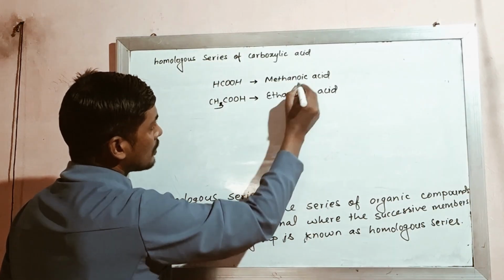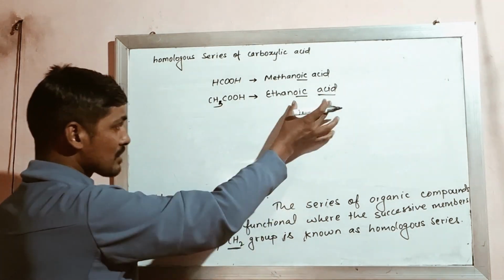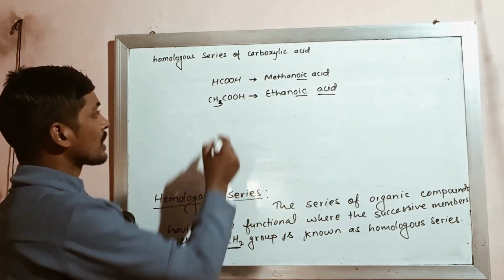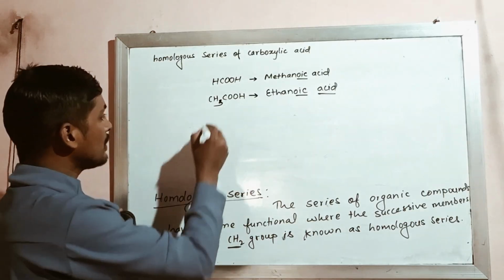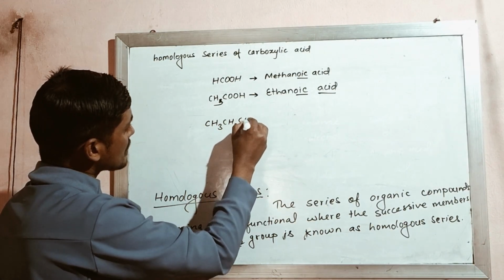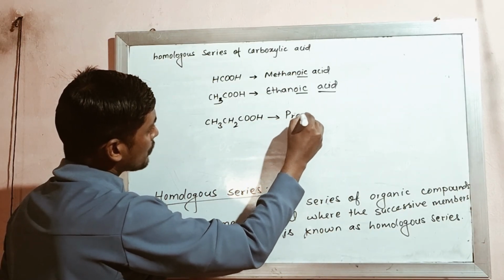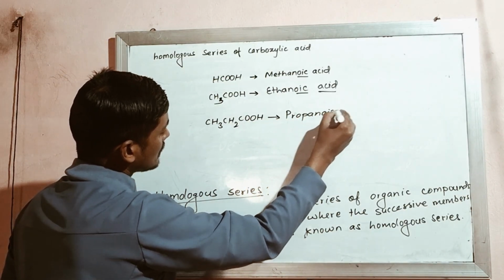Since oic acid means carboxylic acid, oic acid is the suffix used here. What will be the next member? CH3CH2COOH. Its name will be propanoic acid.